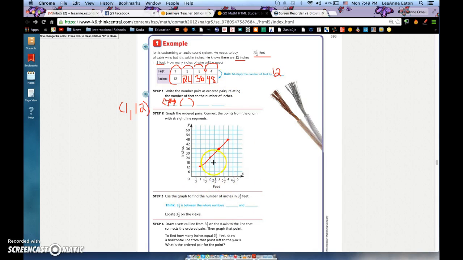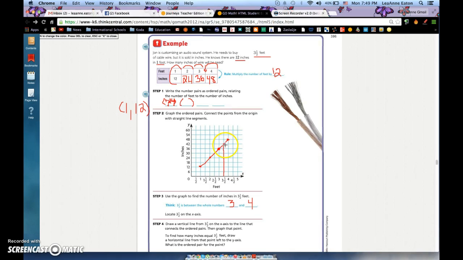So now we're going to use this graph to find the number of inches in 3.5 feet. 3.5 is between the whole numbers 3 and 4. So we're going to draw a line from 3.5 to the line that connects the ordered pairs. So here's 3.5. You draw a line going up, up, up, up. Where it meets, that's your point.